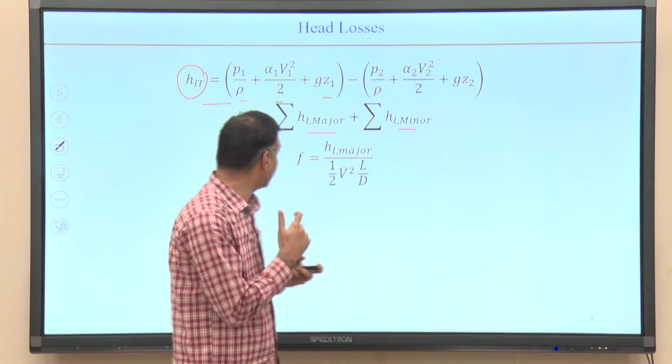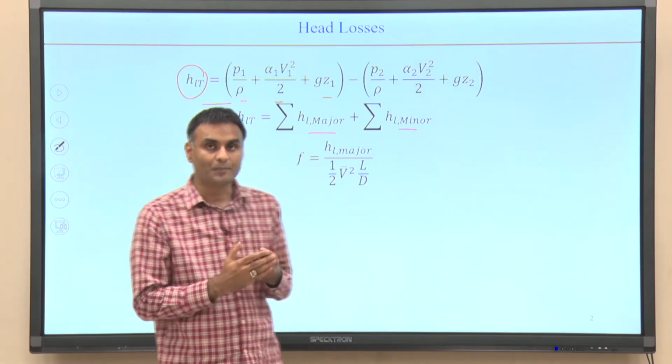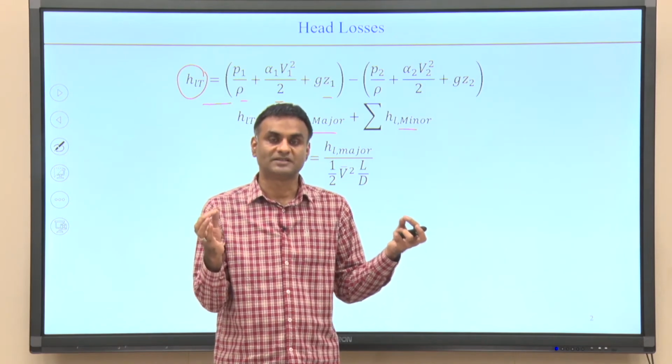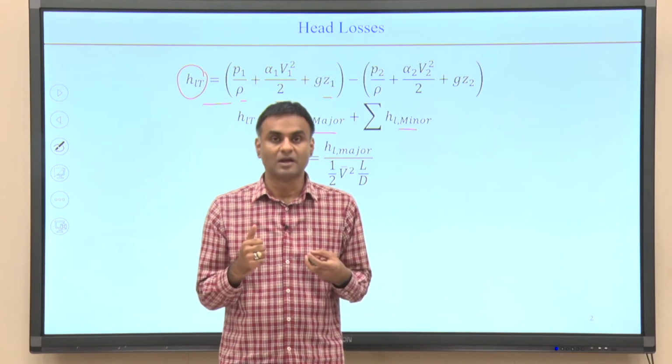So, we showed that HLT can be delta P by rho, where delta P is the pressure difference between the 2 points in a pipe.